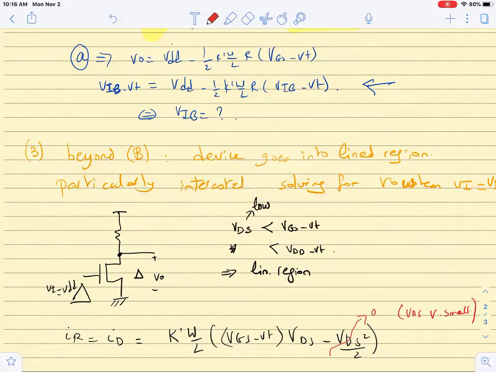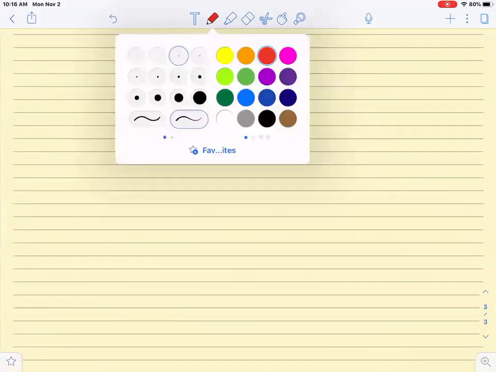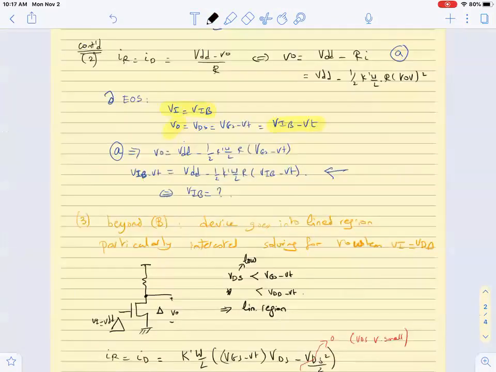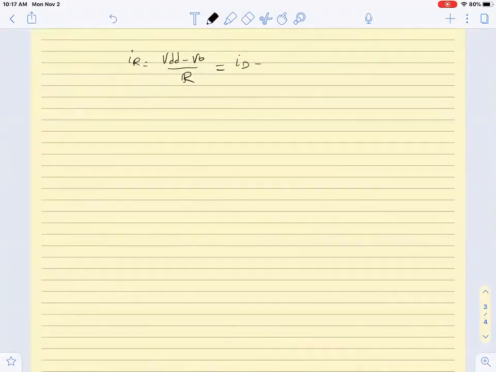Okay, so we can rewrite the equation in terms of IR equal ID, and we know that IR is equal to VDD minus V out over R. And if we look at the linear equation and plug Vn here and plug VO here, we will find that this is equal to ID, which is equal to K prime W by L times VGS minus VT, which is VDD minus VT, times VO, minus VO squared over 2, which we cancelled, it became 0.